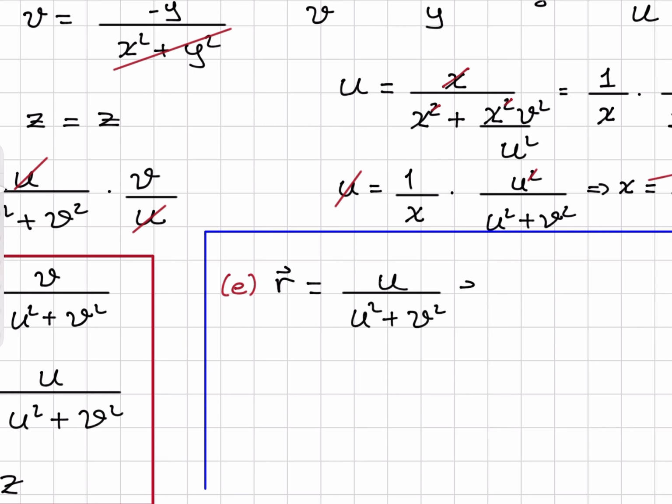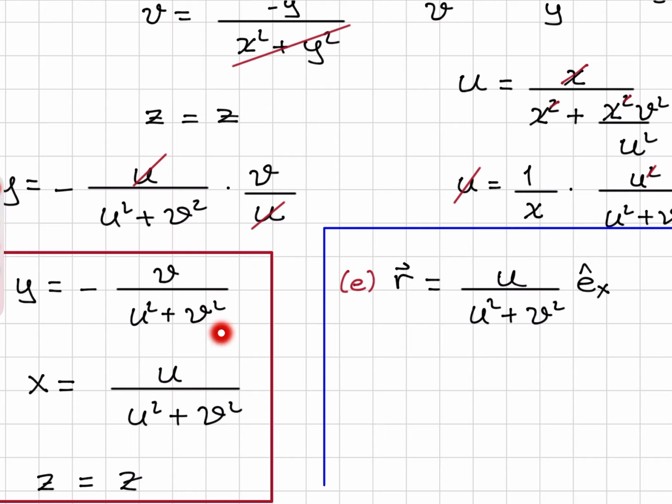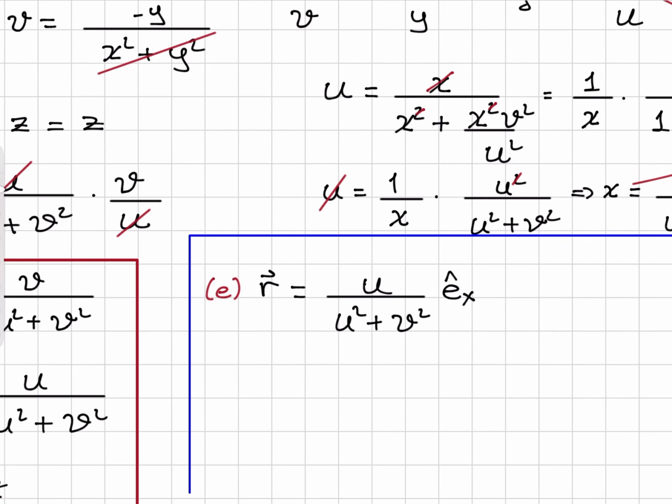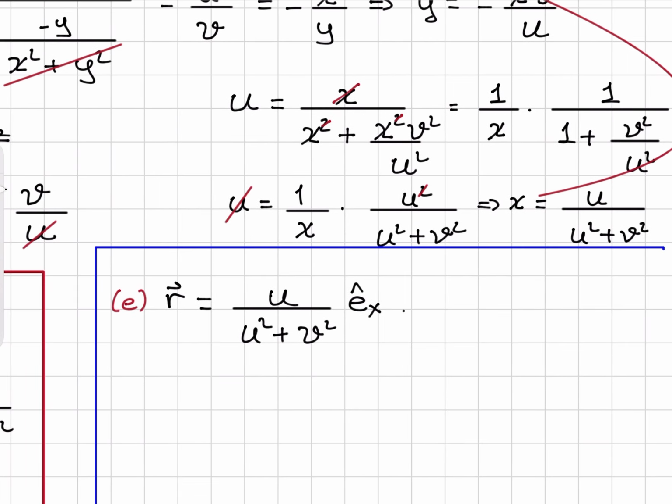And for y, we have minus v over u squared plus v squared ey hat. And then we have z ez hat. This is our position vector.